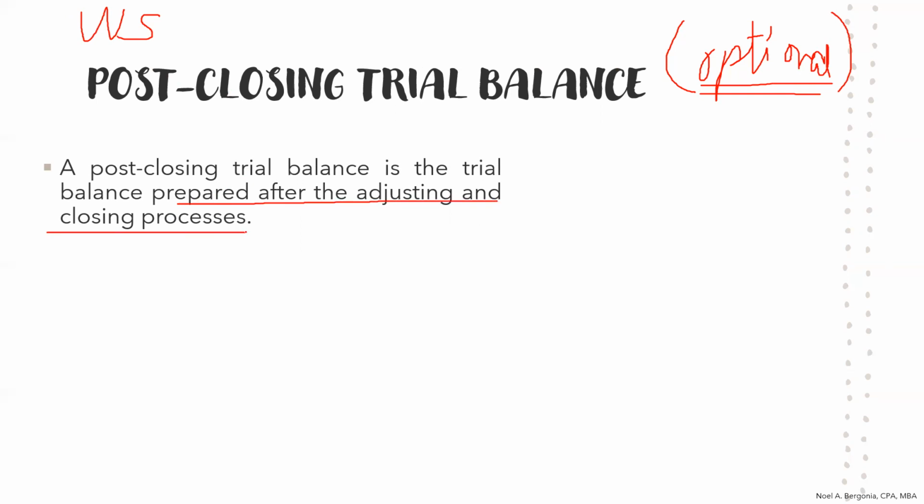Sir, ano pinagkaiba nito doon sa trial balance na pinipare natin after the usual posting? Yun po kasi, kung naalala ninyo, sa worksheet na nga lang meron tayong trial balance tapos may adjusted trial balance pa, di ba? So yung unang trial balance na ginawa natin, that's what we so called unadjusted trial balance.